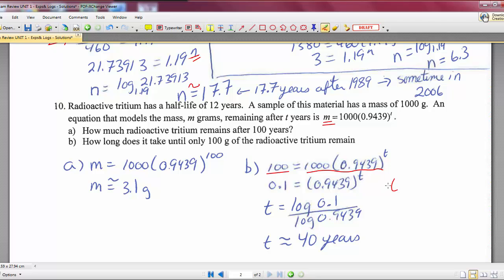Kind of skipped the one step here, which is just rewriting as t is equal to log base 0.9439 of the number 0.1. So I ran out of room, but essentially that's what I'm trying to do. To do that, I do log of the top and the big number divided by log of the base, and we get approximately 40 years.